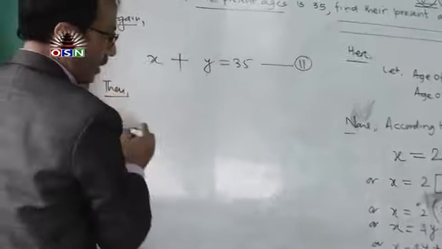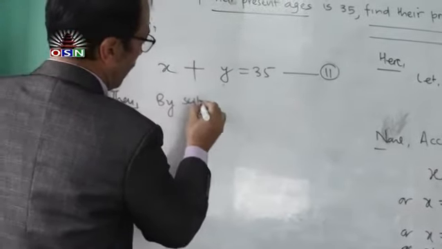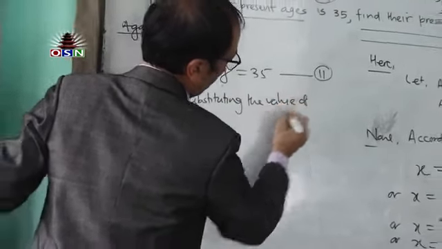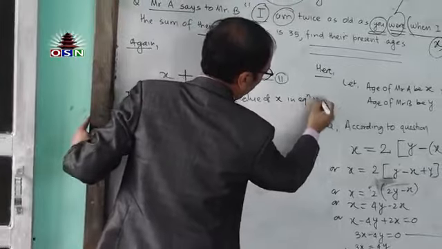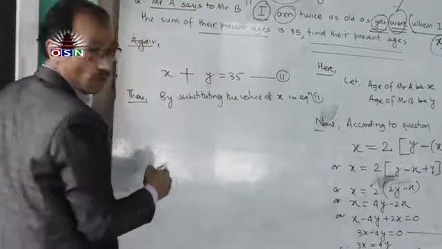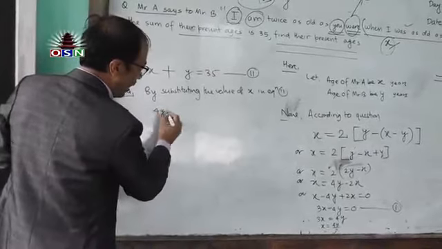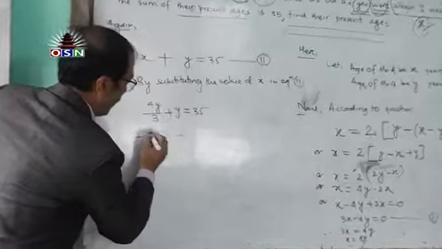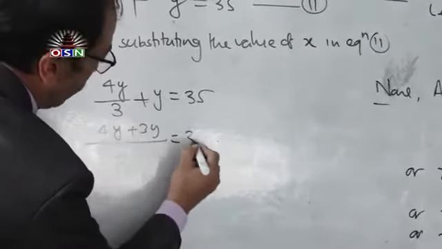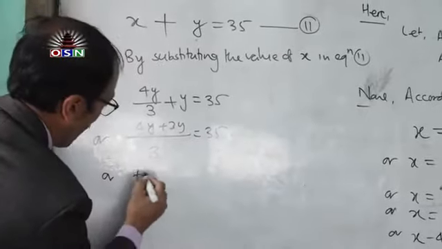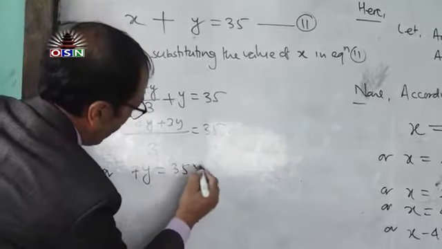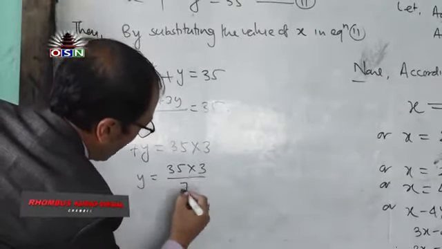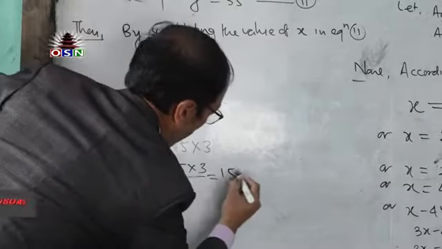Substituting the value of x in equation 2, we get 4y upon 3 plus y equal to 35. Then the LCM you will get is 3. 4y plus 3y is equal to 35 into 3, or 7y is equal to 35 into 3. Then y is equal to 35 into 3 over 7. Finally we have got 15 years.